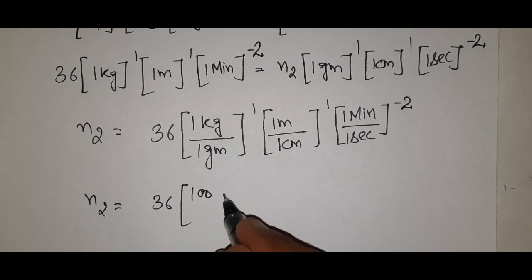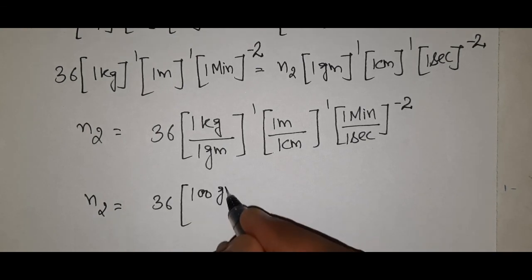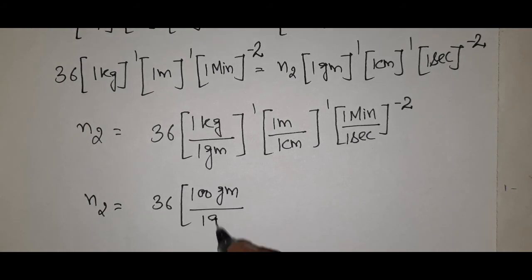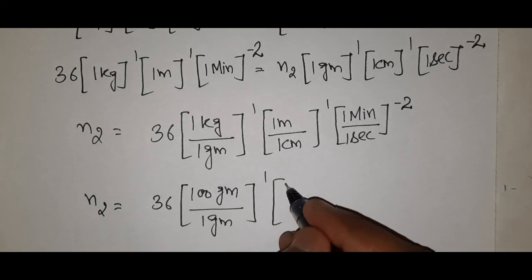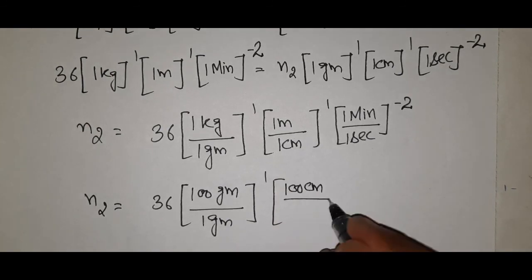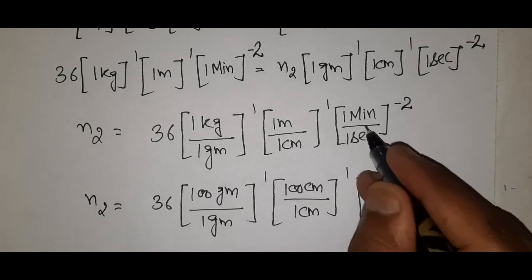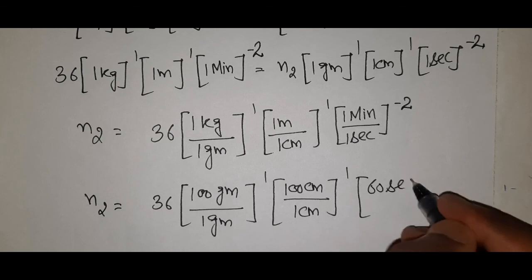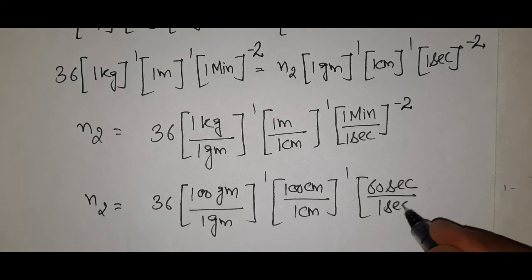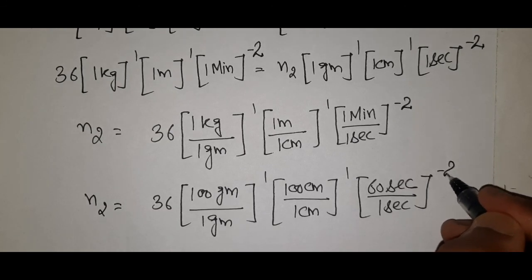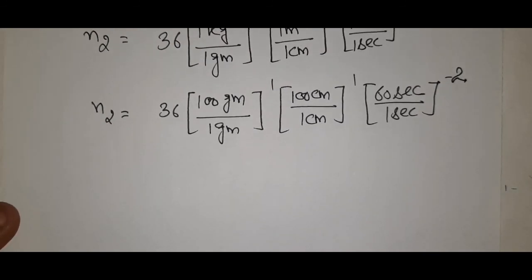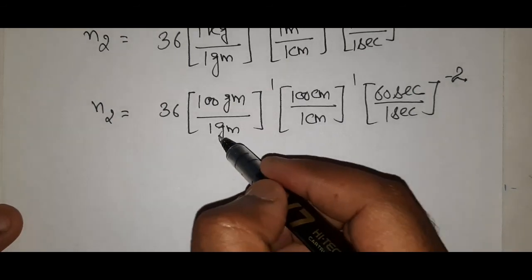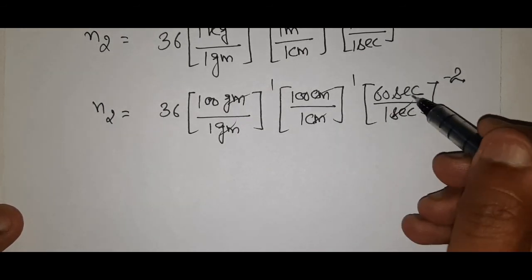Convert this into grams, 1000 grams, divided by 1 gram as existing in the denominator raised to 1. 1 meter is 100 centimeter by 1 centimeter. 1 minute is 60 second over 1 second. This is the main step. Here you have to do the conversion really carefully. So gram and gram gone, centimeter and centimeter, second and second.